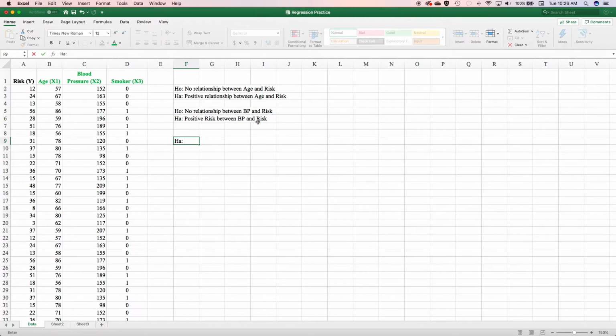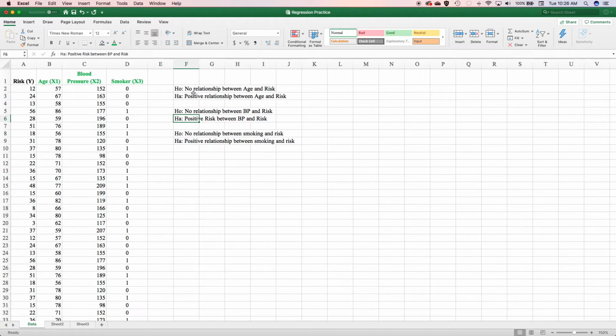We assume again that there's a positive relationship versus the null hypothesis that there's no relationship. So this should be a positive relationship.